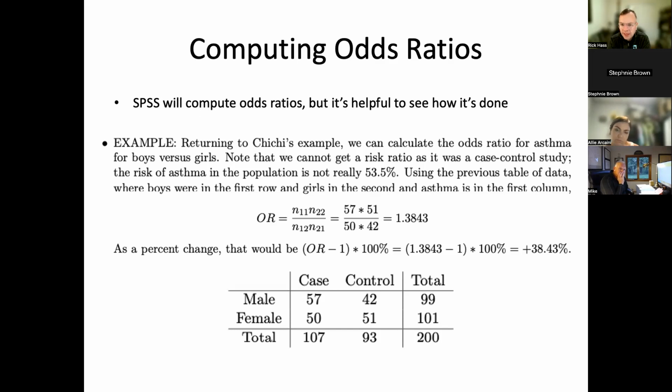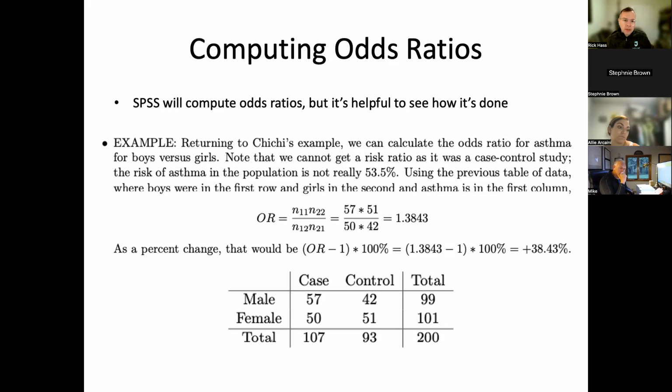However, that's not the most straightforward interpretation, but it's perfectly fine. If I asked you to interpret an odds ratio and you saw it was 1.38, and you said that just means that the odds of the disease are 1.38 times greater in the one group than the other, that's a perfectly acceptable, correct answer.